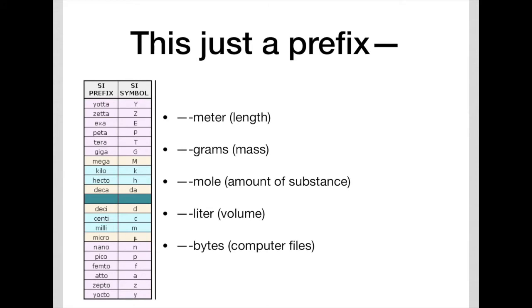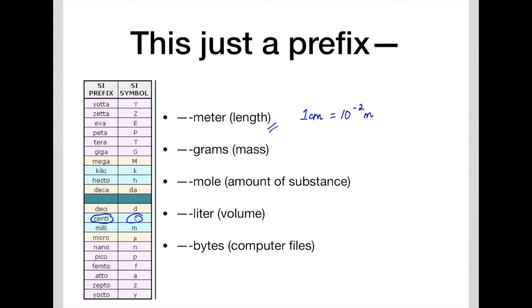So, once again, this is just a prefix. If I'm going to use meter, let's say I have here centimeter. What is centimeter? 1 centimeter equals 10 raised to negative 2 meter.